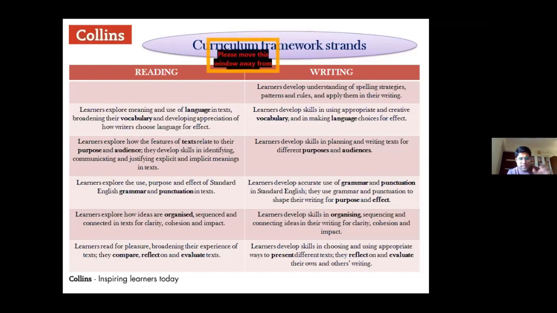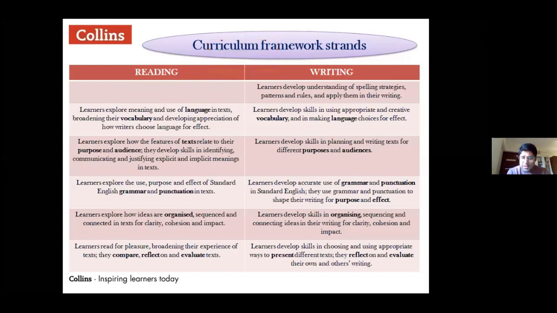So what are the specific components? What are the key elements that I am supposed to be focusing on in my class? For texts, how do they relate to purpose and audience? I have to identify those elements. If I'm talking about grammar and punctuation, how am I using my grammar and punctuation knowledge and skill to shape the writing for purpose and effect?